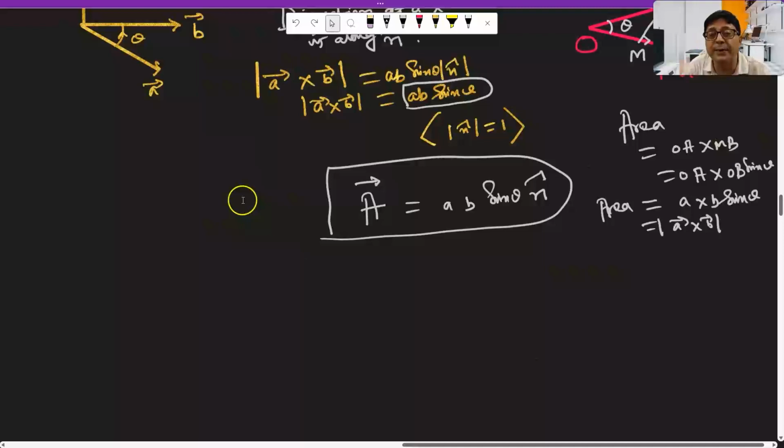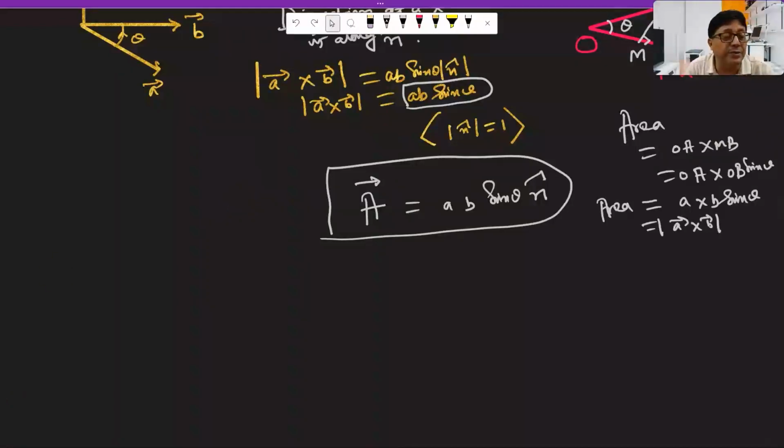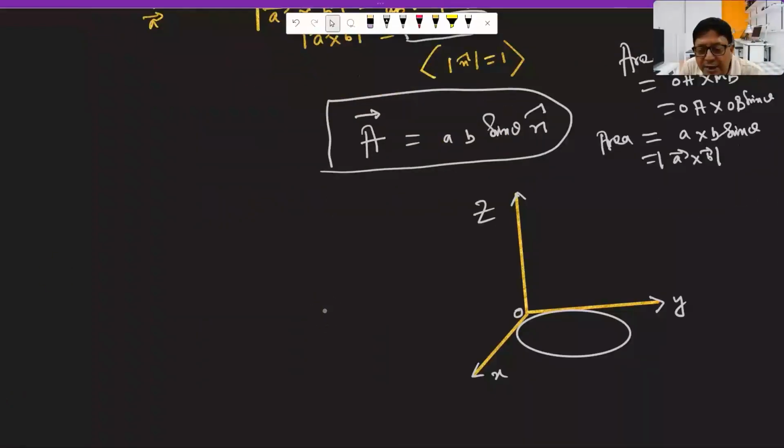So let me give you one example in three-dimensional space. Imagine this circle lies in the xy plane, then the area vector, I want to write this area here. That area vector you take perpendicular to it. This time the area vector will be along the z axis, n cap. So if we want to write this area, it will be the area of the circle multiplied by n cap. So the area vector is A into n cap.